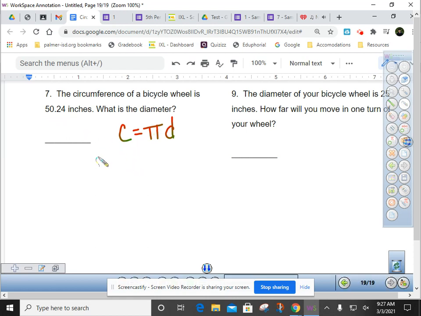So I'm going to write 50.24 equals 3.14 times the diameter. Now what do we do? Divide. Divide by what? 3.14. All of you have a calculator where you are, so divide it.